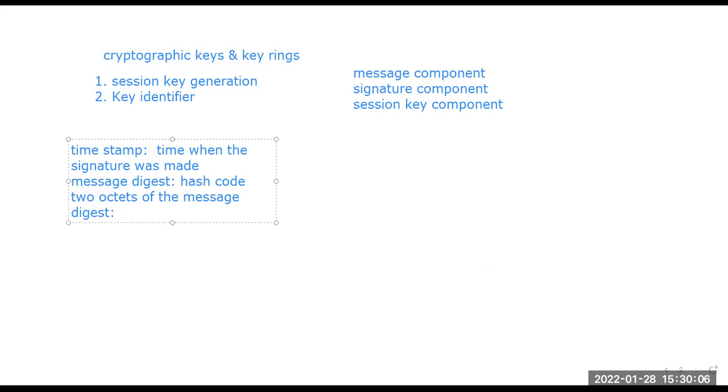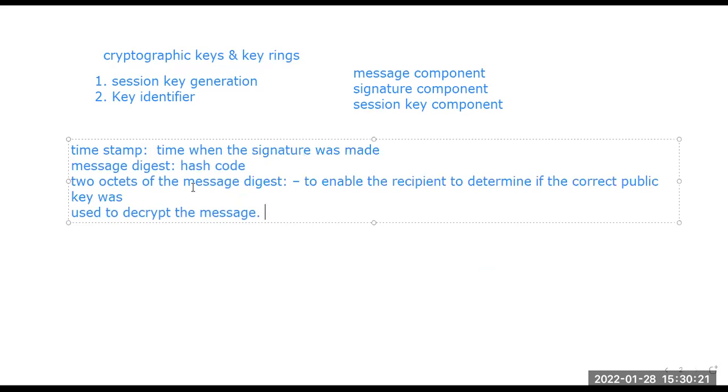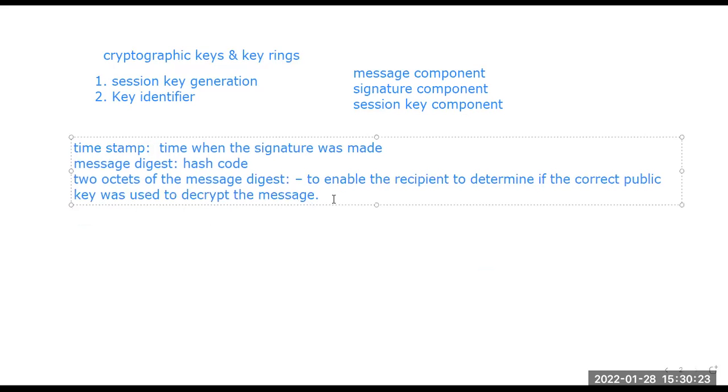That is to enable the recipient to determine if the correct public key was used to decrypt the message. And lastly, the fourth one is the key ID of the sender's public key that identifies the public key.